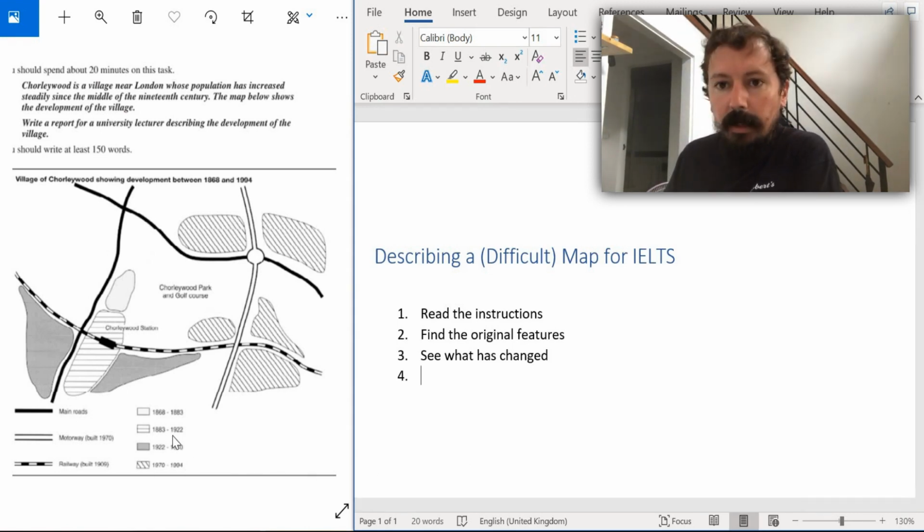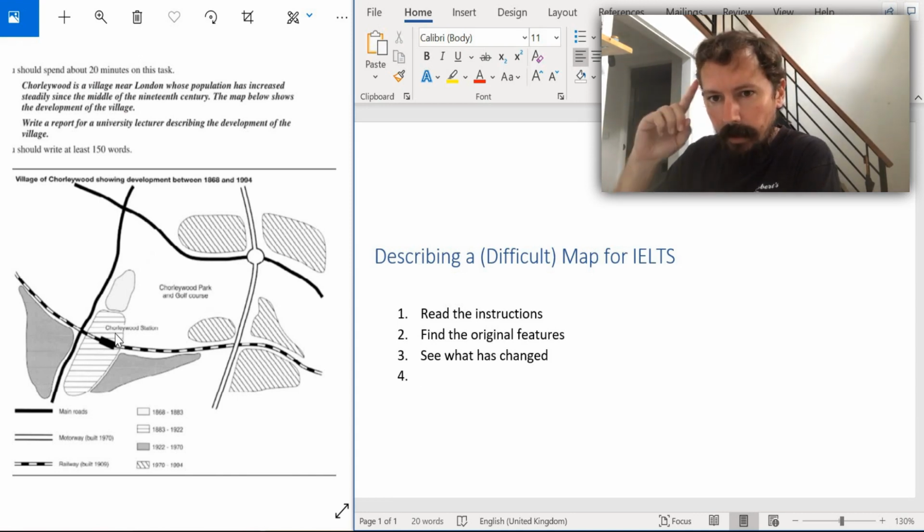So we can look down to the legend again, and we can see that in 1883, we begin a new period of time, and that lasts until 1922, and that is this area beneath it, which is with the sideways or horizontal stripes. So we can identify that this was built next.